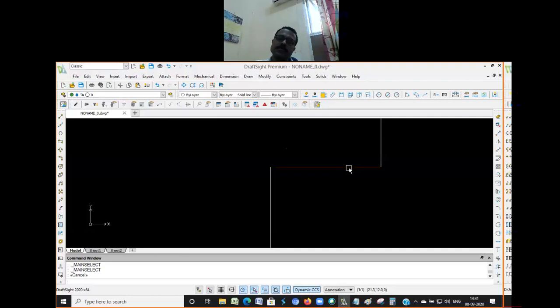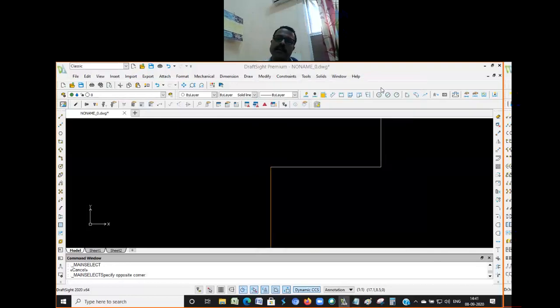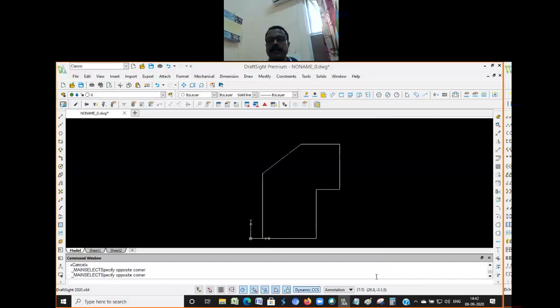So some objects don't have a sharp edge like this, rather they have a smooth curvature. So if you want to give a smooth curvature to the edges, there is one command which is known as fillet. So let us see how you can use the fillet command.